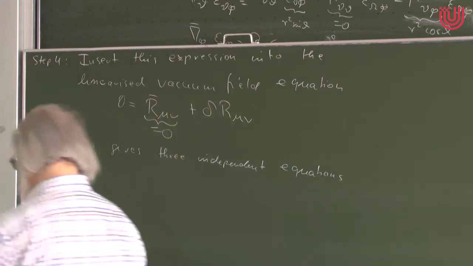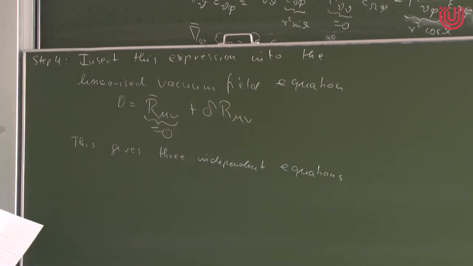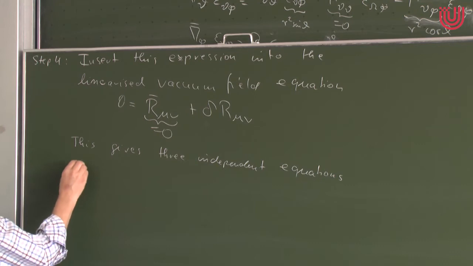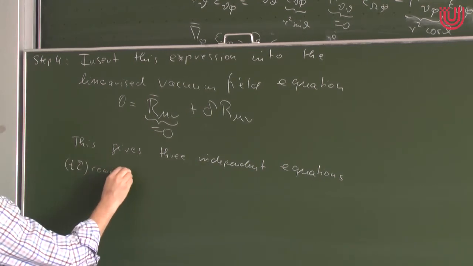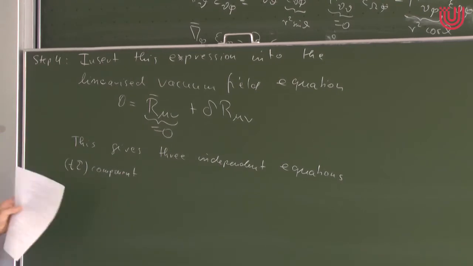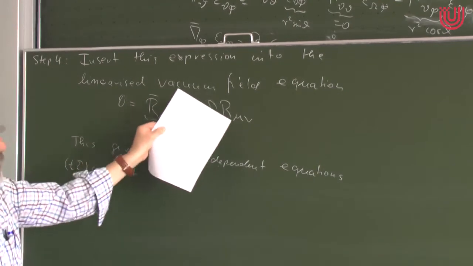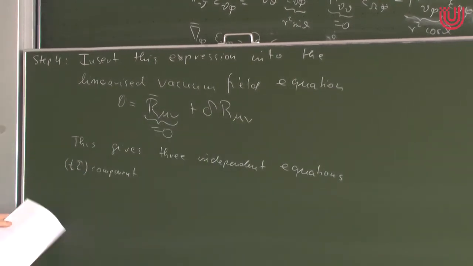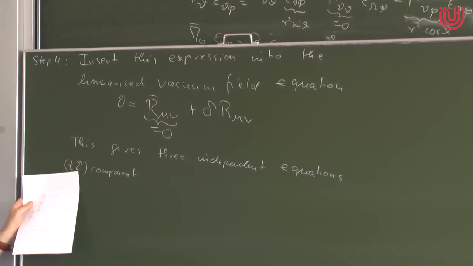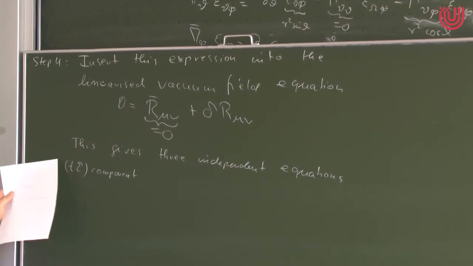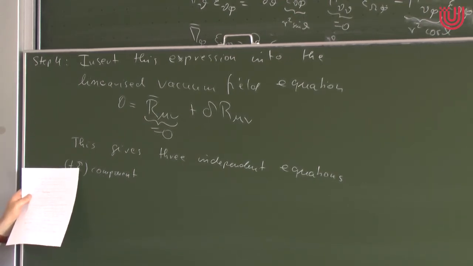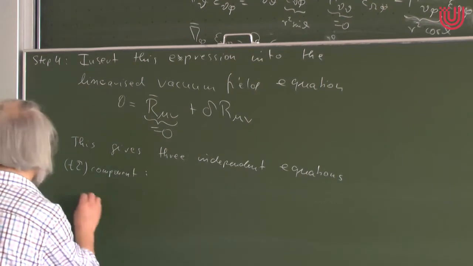So the components which are non-zero are the t sigma component. If these indices are t and sigma, the sigma takes the values theta and phi. And for these two cases, it gives the same equation. So the t phi equation gives the same equation as the t theta equation. And it reads like that.